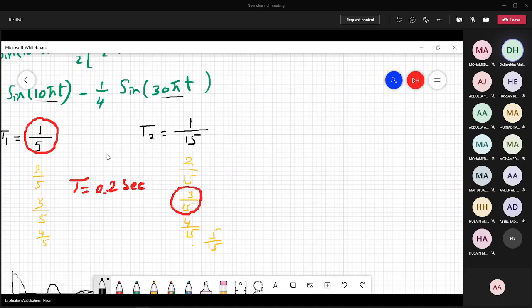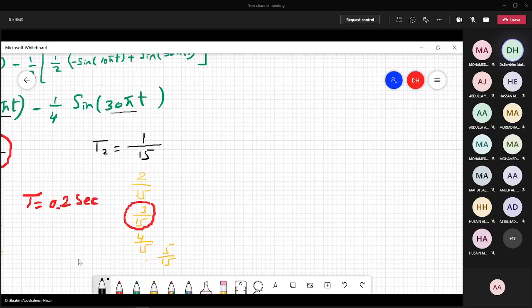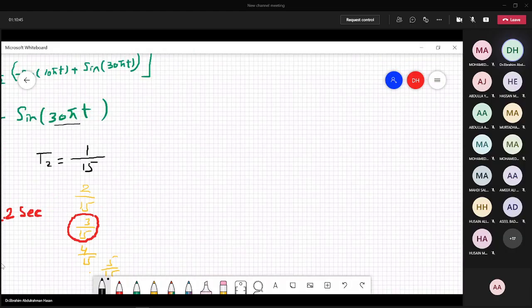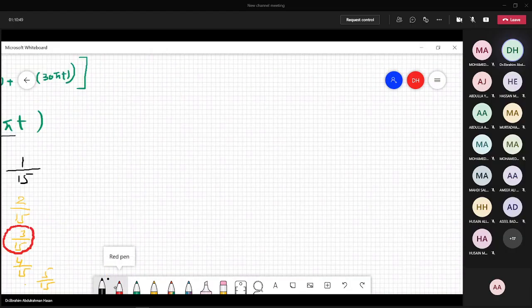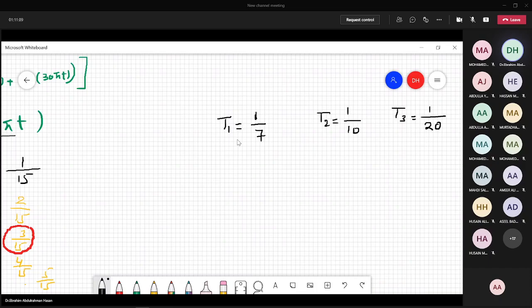So how to find the period? Let's say as an example, T1 equal to 1/7, T2 equal to 1/10, T3 equal to 1/20.